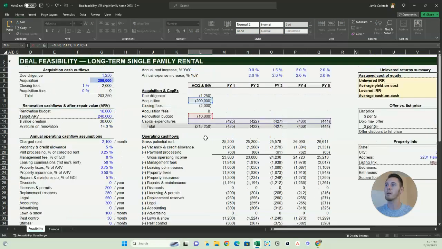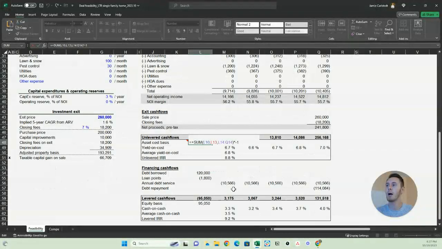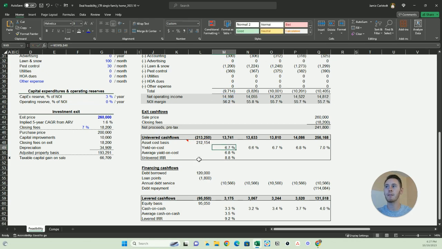That we know is our $200,000 plus the $10,000 plus the CapEx that we're setting aside, assuming we're going to have to put that into the property someday. So I added those up and called that the cost basis. And now what I want to look at is the net operating income based on that cost basis. That's going to be our yield on cost.